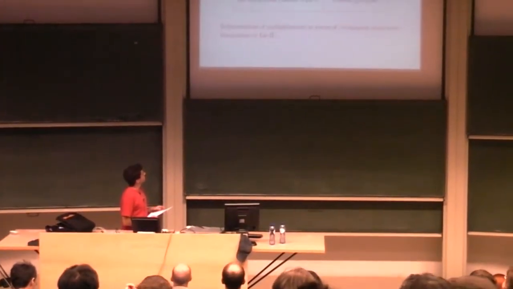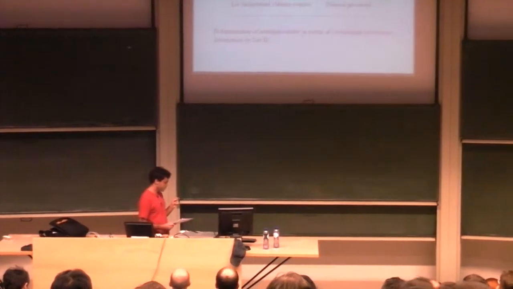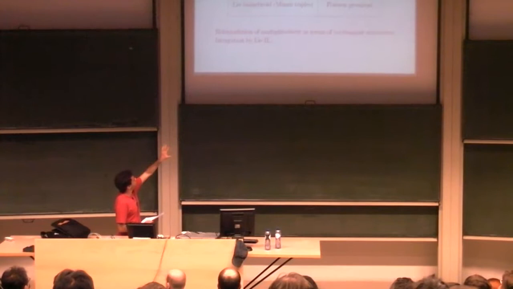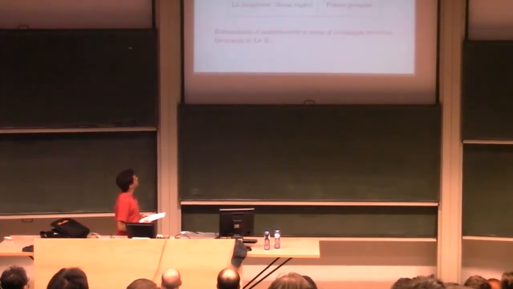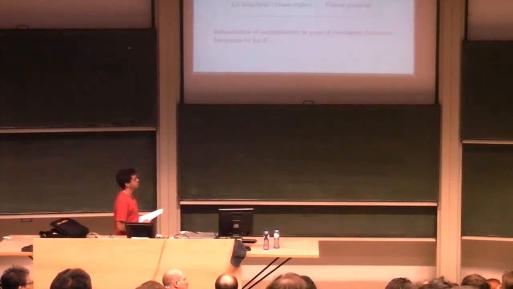And there is already a paper by Coste, Dazord, and Weinstein, where at least some of the picture is already clear, involving the connection between Poisson manifolds and symplectic groupoids.